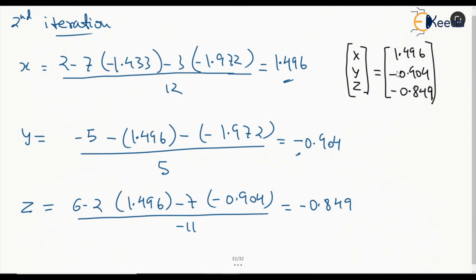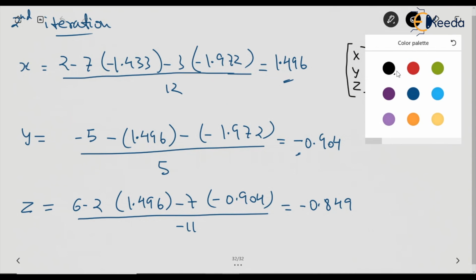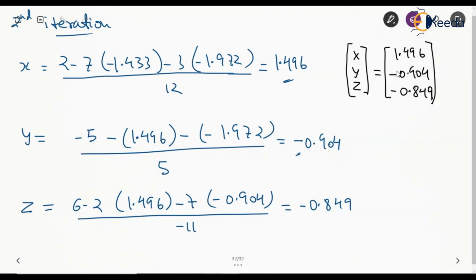What if they say, just for a discussion, let's say they want the solution up to 2 decimal places. And what if the next iteration for x, y, z gives 1.491, minus 0.909 and minus 0.840.